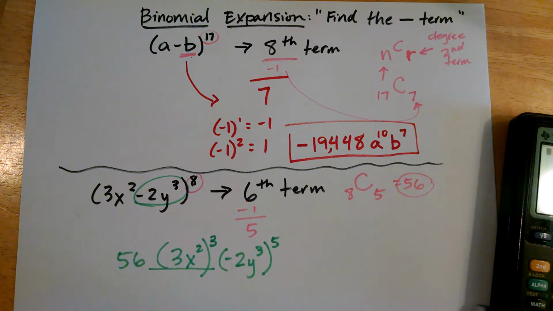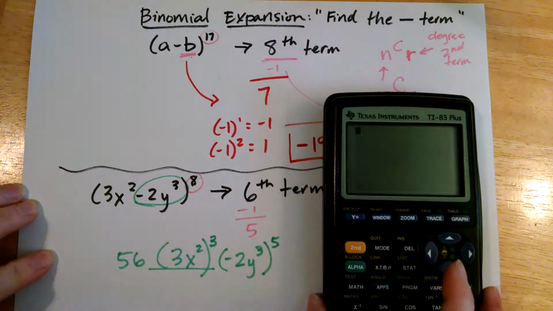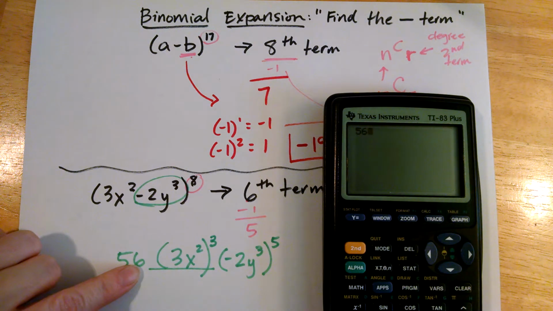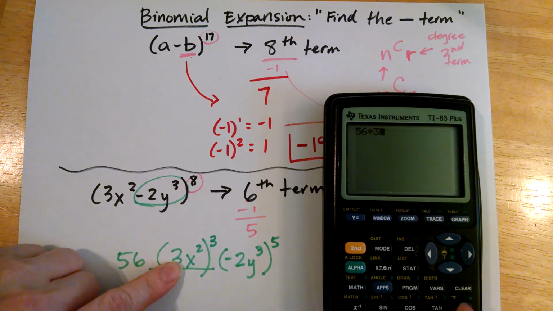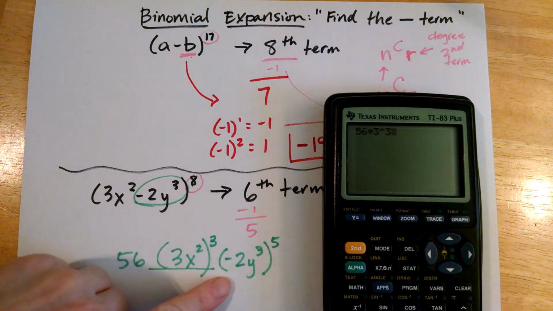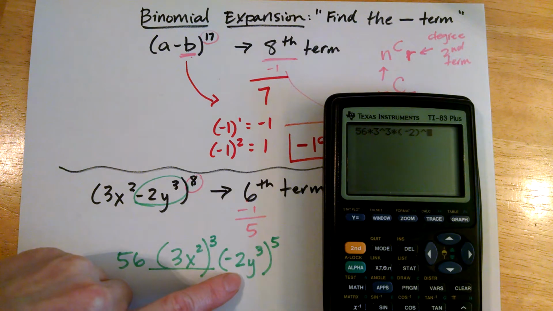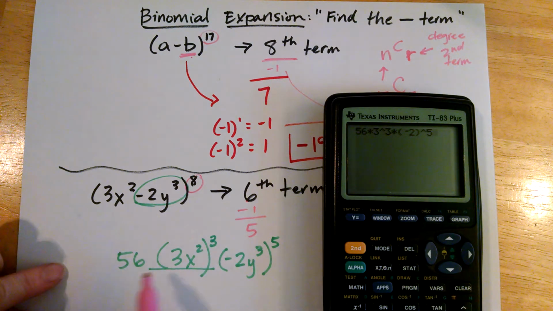Now let's go ahead and multiply these together. We're going to have 56 times 3 to the 3rd power times negative 2 to the 5th power. Just look at the coefficients: 56 times 3 to the 3rd times negative 2 to the 5th.